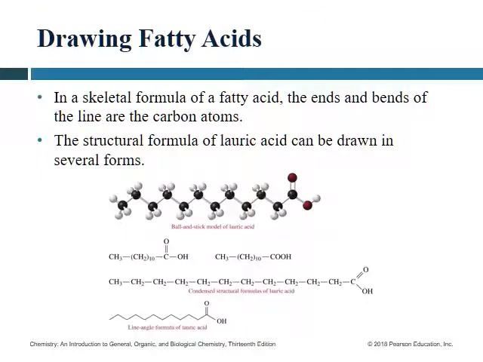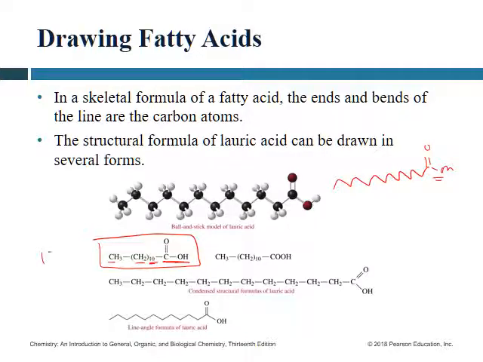Now let's try to draw some fatty acids, right? We already know what fatty acids are. Fatty acids are long carbon chains with a carboxylic acid at the end, right? So we can write any fatty acid something like CH3, then 10 times CH2, and then a carboxylic acid at the end. So how many carbons does this fatty acid contain? 1 plus 10, 11, 12.